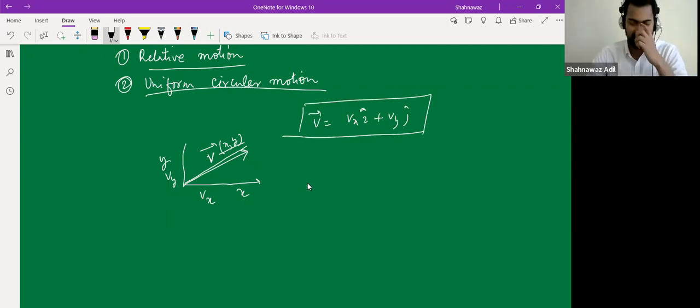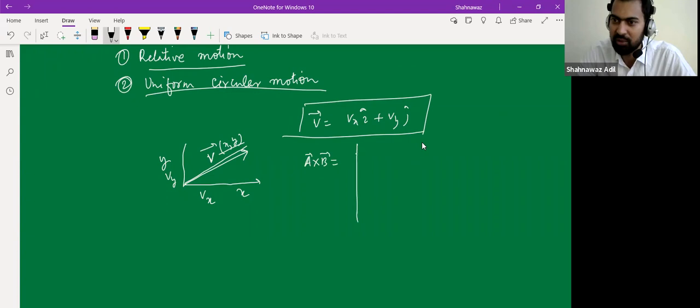And can you guys recall what was the cross product? Hiram, Arpit, Abhinav. So the cross product of two vectors was like this, right?